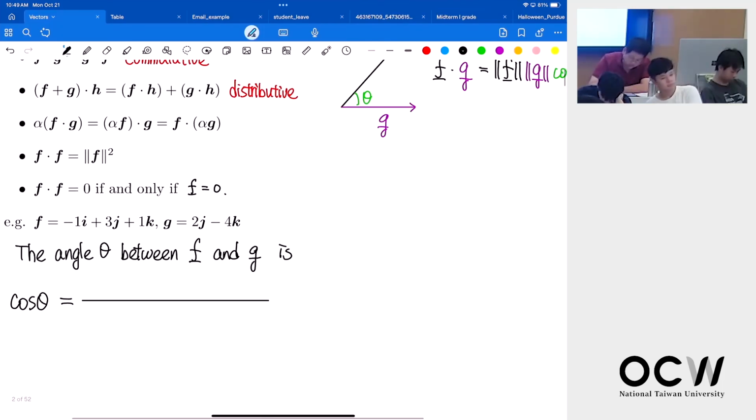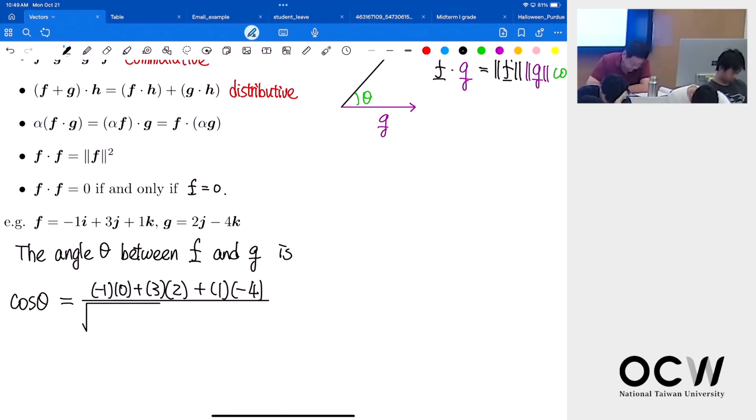So here I have minus 1 times, I don't have an i component, that means that's 0. And for the j component, I have 3 times 2. And for k, there will be 1 times minus 4. Here is minus 1 squared, the norm, so the sum of all the components squared.